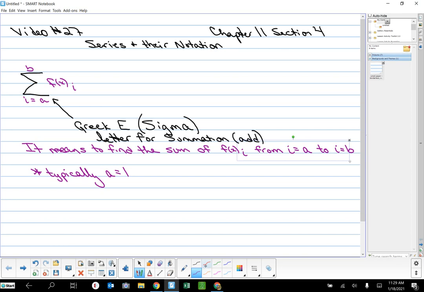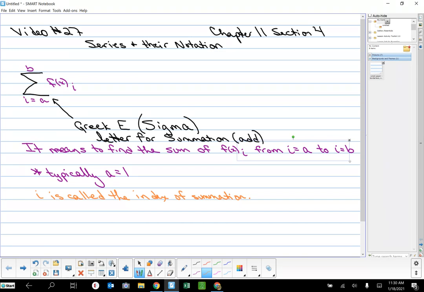Let's see. Something else that you should know is I is called the index of summation. And I say you need to know that, but quite honestly, I didn't know that. So it's something I found in the reading, but it'll allow us to talk about, if you say, well, the index of summation goes from 1 to 6 or something like that, and we'll know what we're talking about.